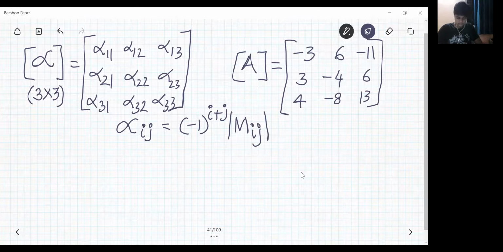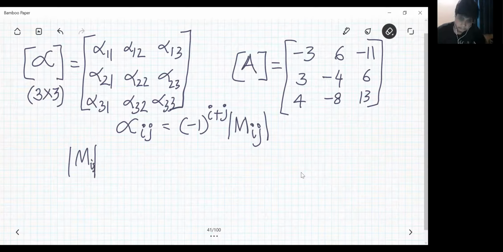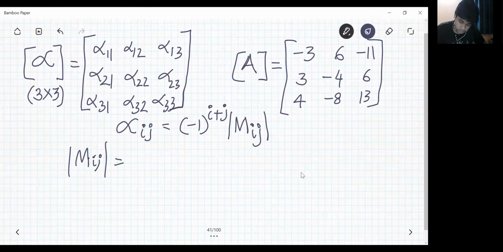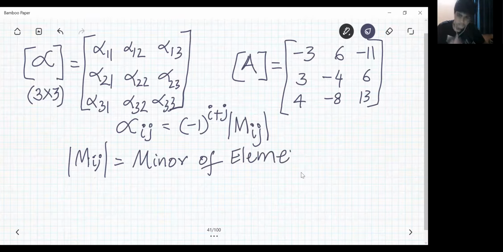The determinant of Mij is called the minor of element ij.